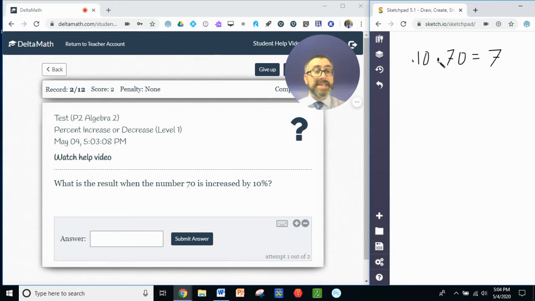So 10% of 70 is 7. So if 70 was increased by 7, really just what we're doing is 70 plus 7, which is 77.